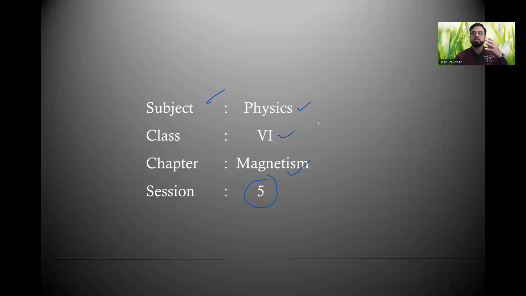Today we are going to learn some new things: how to prepare a magnet, how to get an artificial magnet, what are the methods of preparation of a magnet, and at the same time, in what way you can lose the magnetic property, and what are the methods of removing the magnetic property, right?